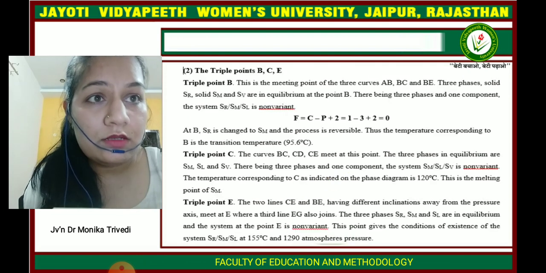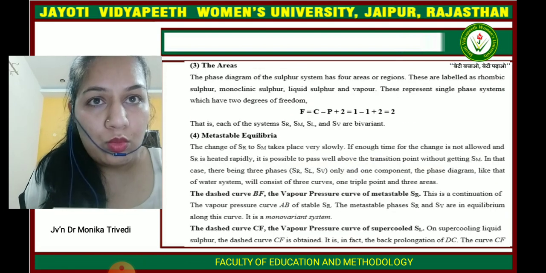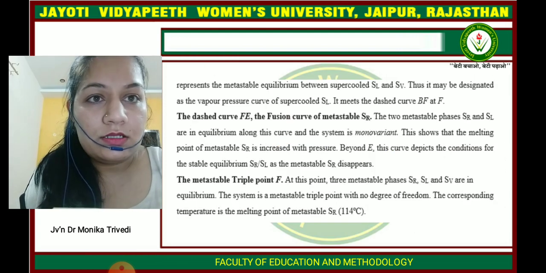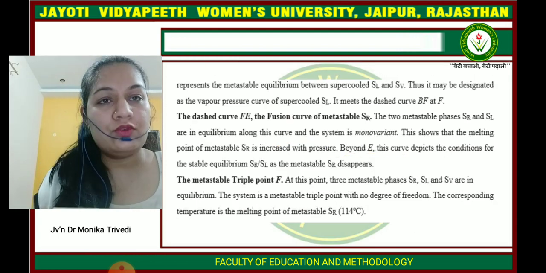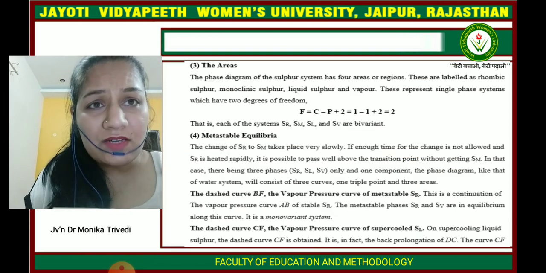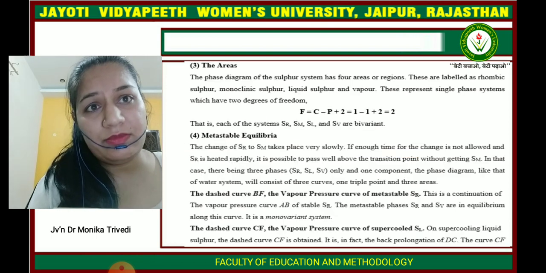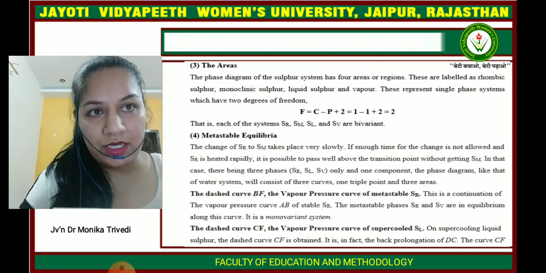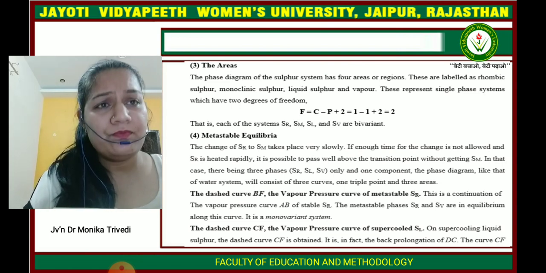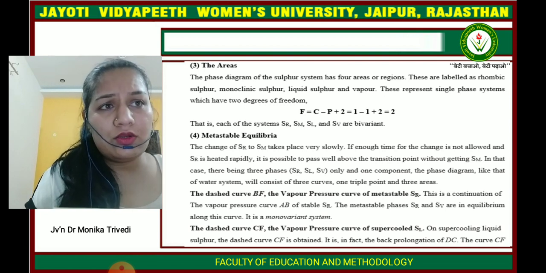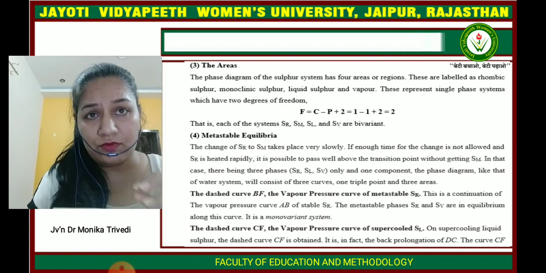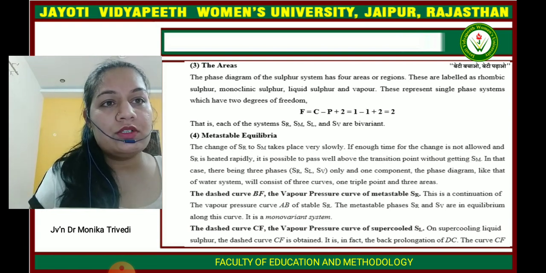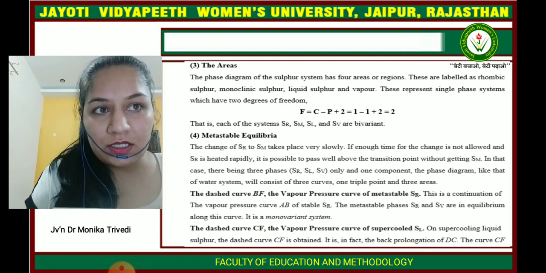As we learned in the water system, when we cool water below its freezing point, it is present in a supercooled form. So for the sulfur system, the stable equilibrium is that the change from sulfur rhombic to sulfur monoclinic takes place very slowly. So if there is not enough time, and the sulfur rhombic is heated rapidly, it is possible to pass well above the transition point without getting sulfur monoclinic.